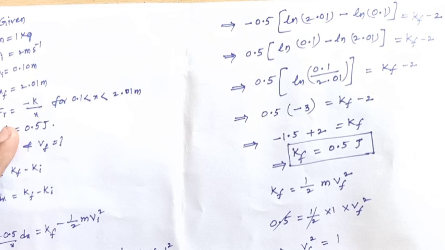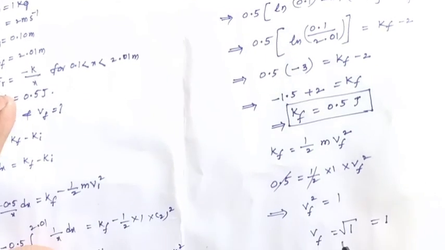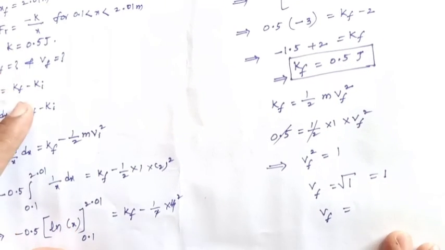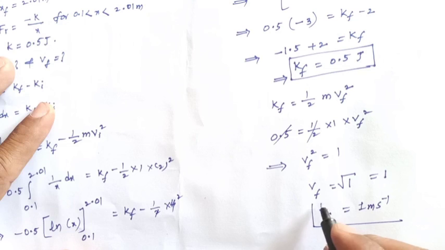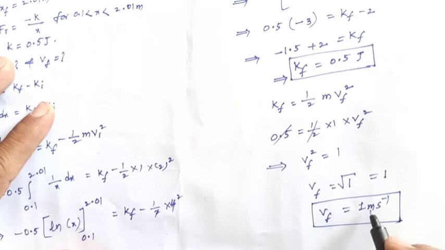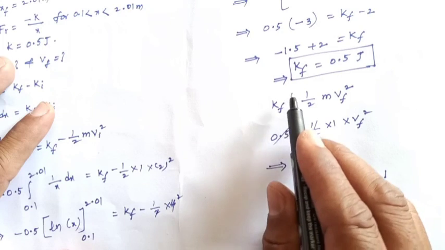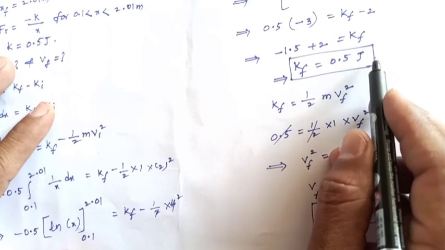So vf equals the square root of 1, which equals 1. The final velocity vf equals 1 meter per second, and the final kinetic energy is 0.5 joules.